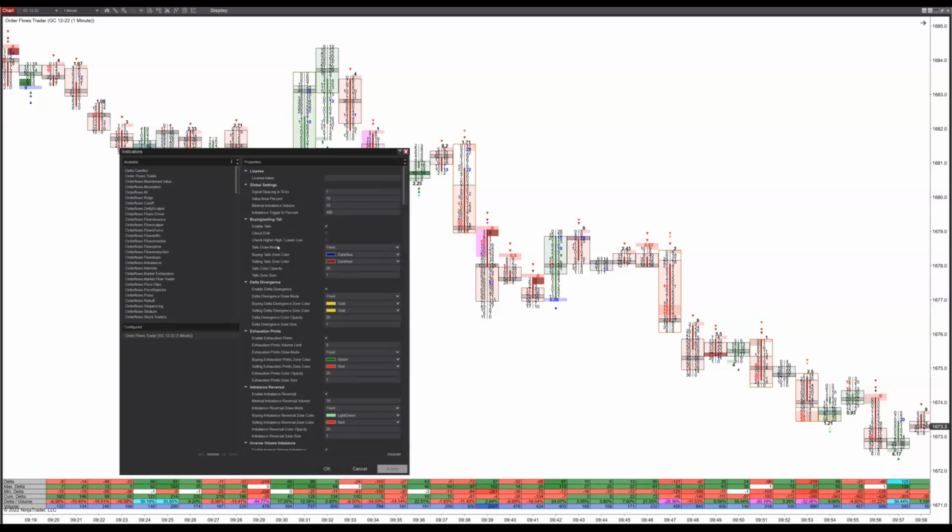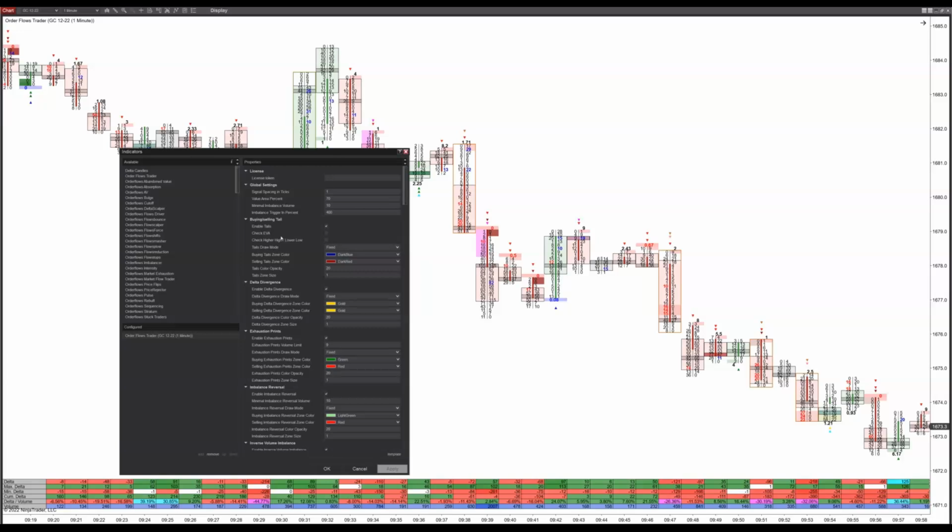Now, all of them, right? You'll see have a check here to enable the indicator. If it's enabled, it'll have a check there. If it's not enabled, it won't have a check. Now, some like the buying and selling tail also have a couple extra filters like check EVA, which is engulfing value area.